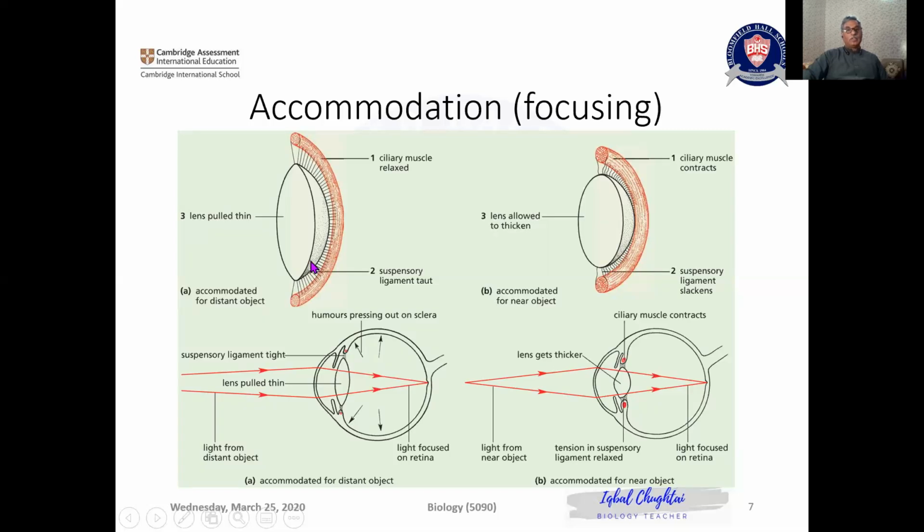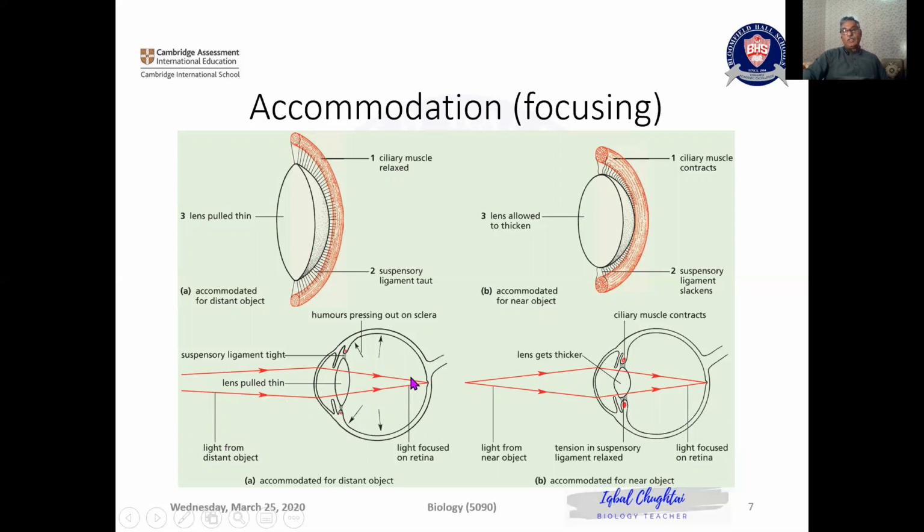When they become taut, they pull on the lens. There is a pulling pressure on the lens, and it is pulled out and becomes thin. When it becomes thin, it can easily refract the light rays coming from distant objects onto the fovea. So the distant object can be seen clearly.